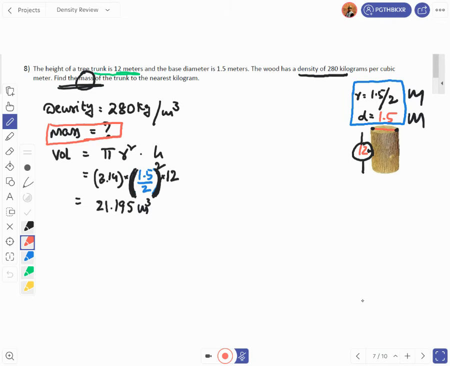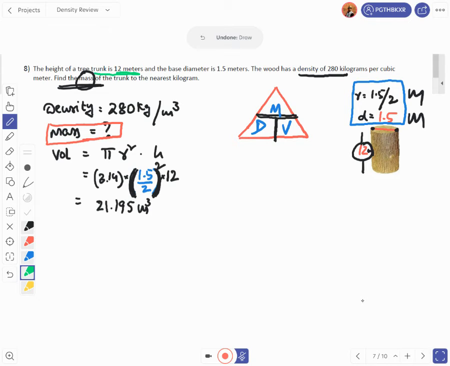Now, when you're asked to find density, you know that is mass per volume. But if you're asked to find any of the other two components, either volume or mass, then blindly you go for a magic triangle that saves a lot of time. So let me draw the magic triangle, and all of us know that density equals mass per volume. This time I have to figure out what the mass is.